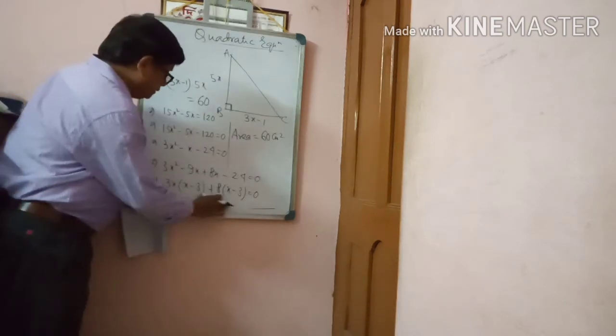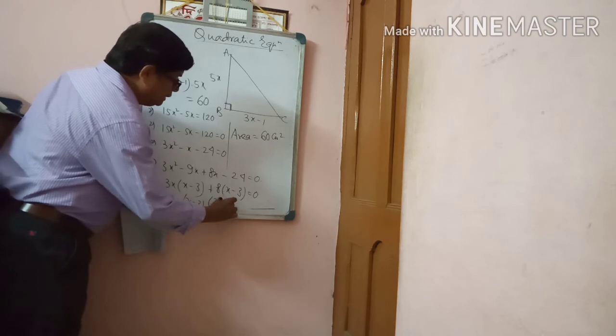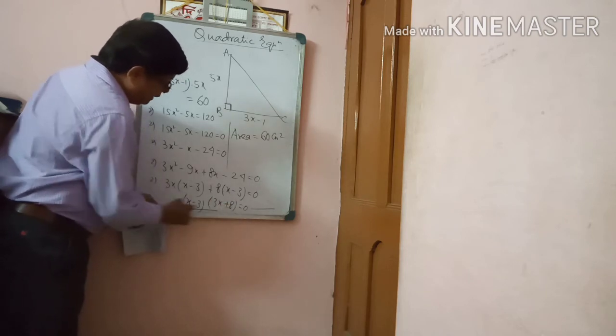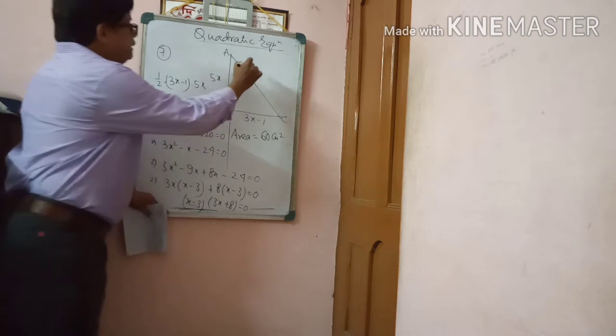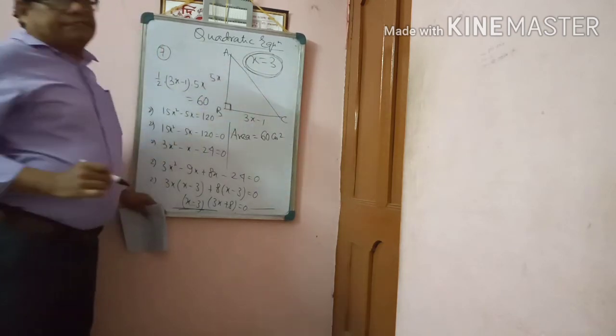So write x minus 3 into 3x plus 8 equal to 0. So write x equal to 3. Okay, x equal to 3.